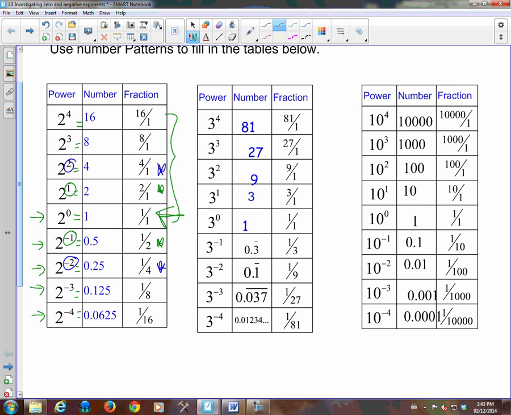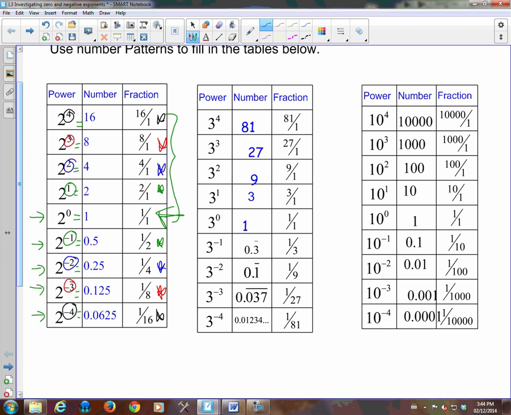And if I keep going, I've got an 8, and that next one down here should be 1 over 8. A positive 3 is 8, and a negative 3 is 1 over 8. And the last pattern, if I had 16 over 1, the last fraction should be 1 over 16. Positive 4 exponent is 16, and negative 4 exponent is 1 over 16.